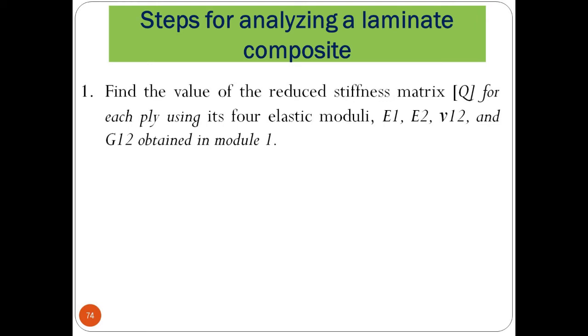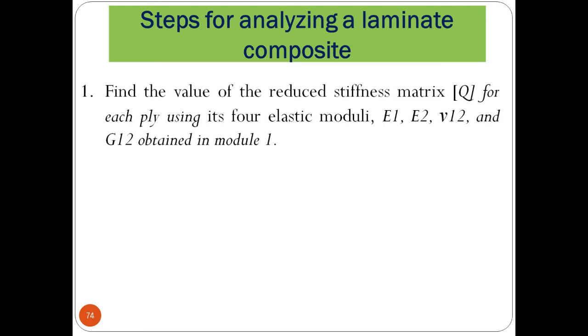Now we will follow these steps in order to solve the numerical. Number one, find the value of the reduced stiffness matrix Q for each ply using its four elastic moduli E1, E2, nu12 and G12, as these values have already been obtained in module 1.